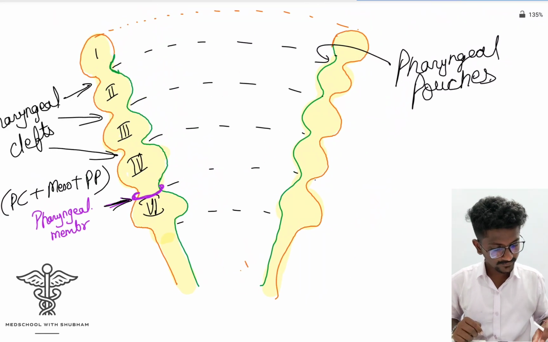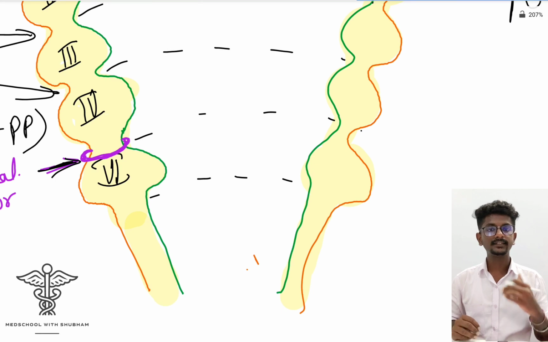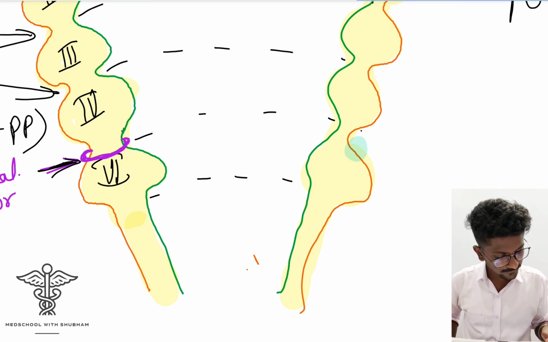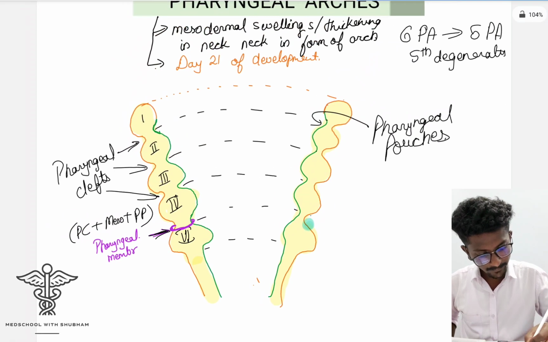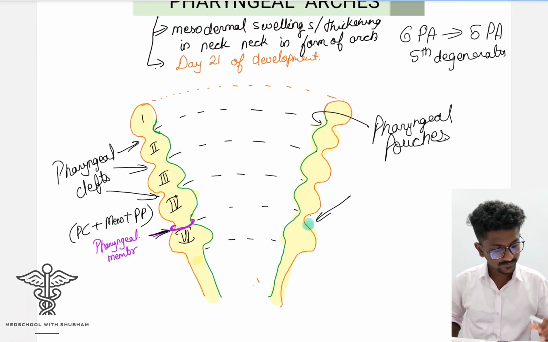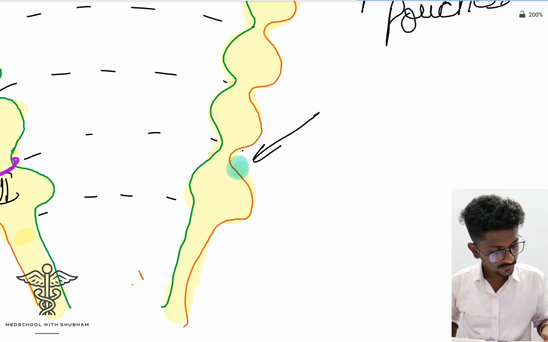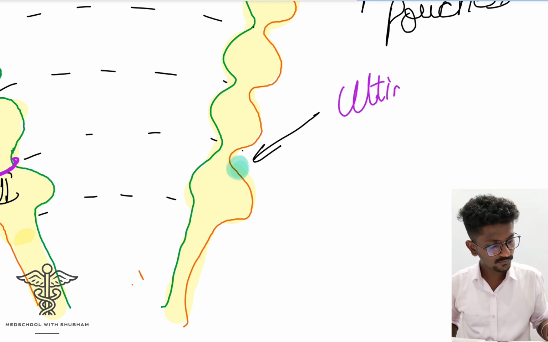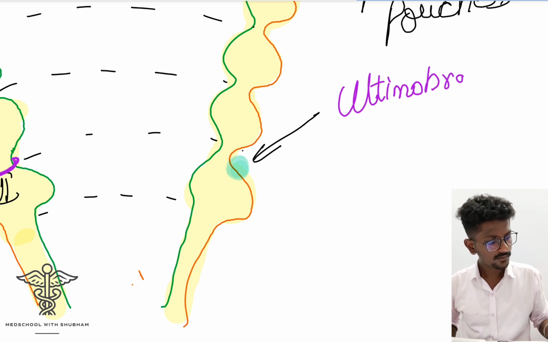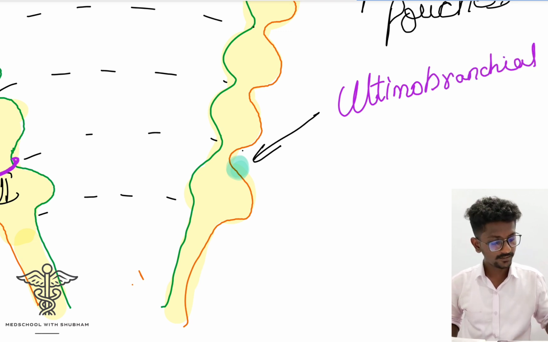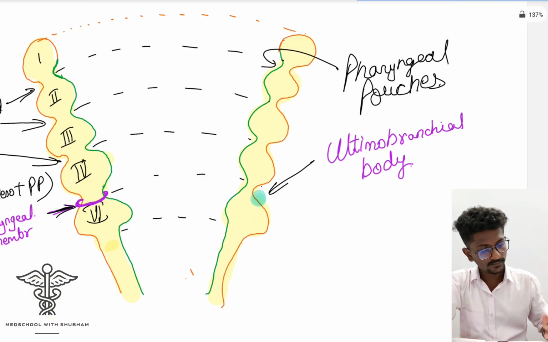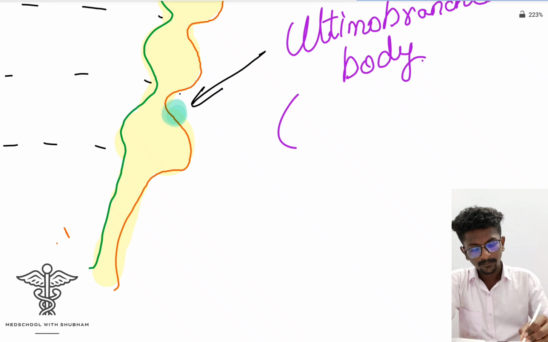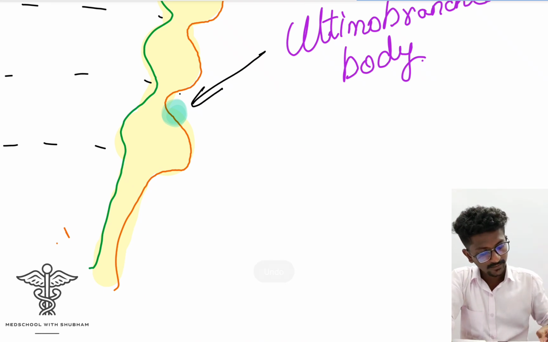One more important thing that I said, that the fifth pharyngeal arch degenerates and we have the remnant of the fifth pharyngeal arch over here. This remnant of the fifth pharyngeal arch is called the ultimobranchial body.